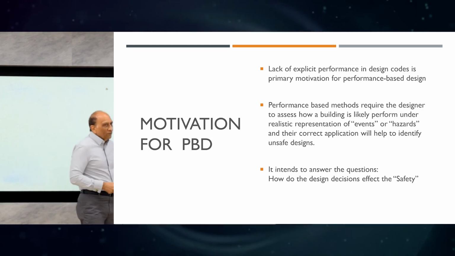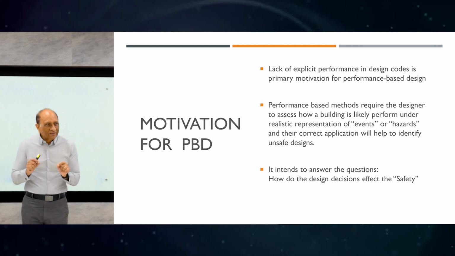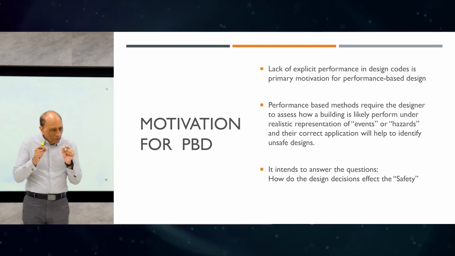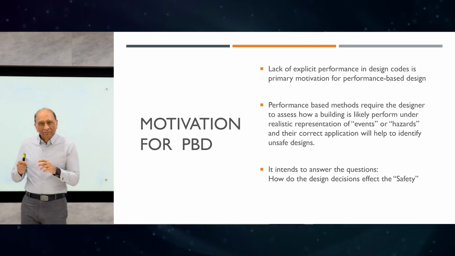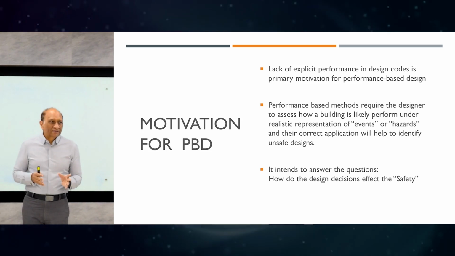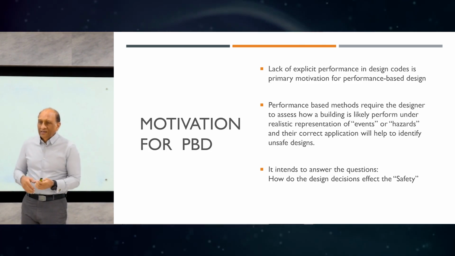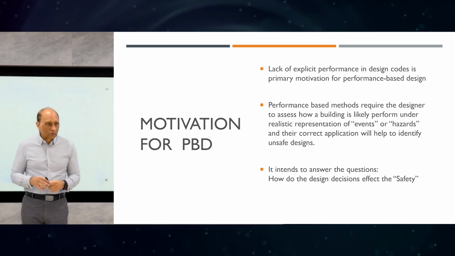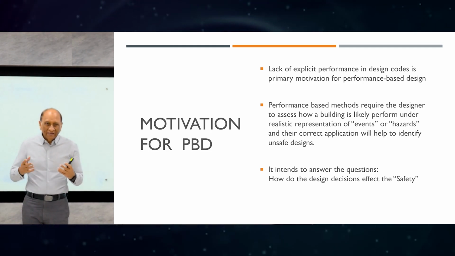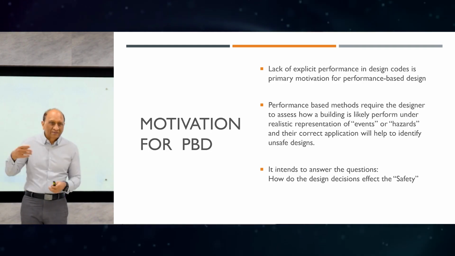So why are people moving away from the code? First of all, the code rules are too restrictive because they want to be safe, because they don't know what you're building. And most of the time, the buildings cannot be designed if you follow those rules. For example, the biggest rule is that if you want to design a tall building, you cannot use flat slab in earthquake zones. But flat slab is the most common floor system because it's cheap and easy.